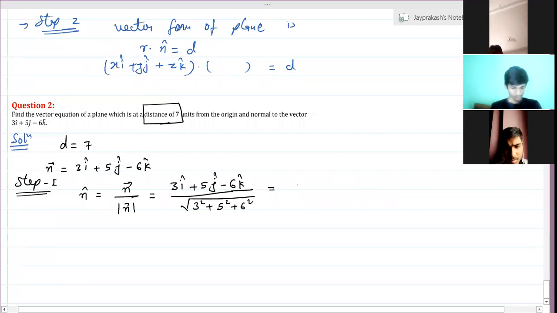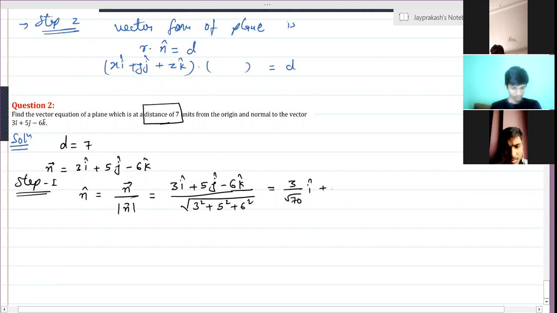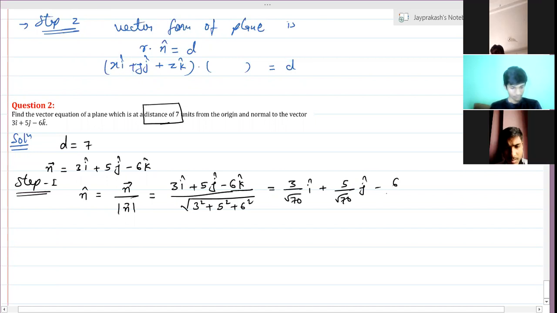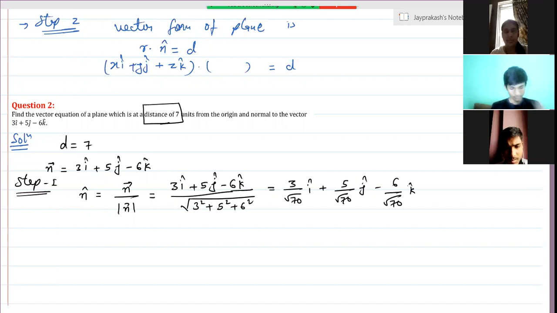So the unit vector will be 3 by root 70 i, 5 by root 70 j, minus 6 by root 70 k. So this is the unit vector n.